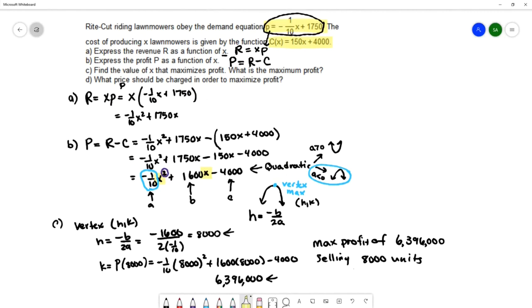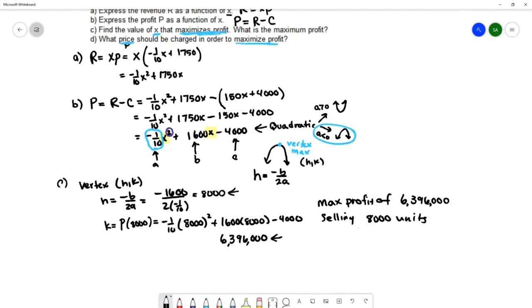And the variable that's used in the demand equation is x. We just found that an x number of units, 8,000 units, maximizes the profit. So the price that maximizes profit is going to use that same value of x. So we're going to evaluate the demand function at a value of 8,000.